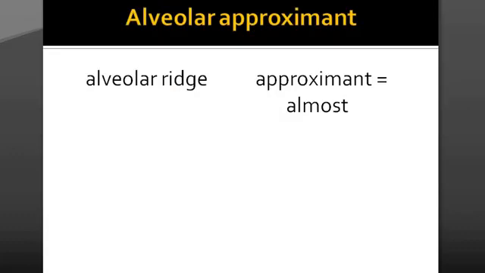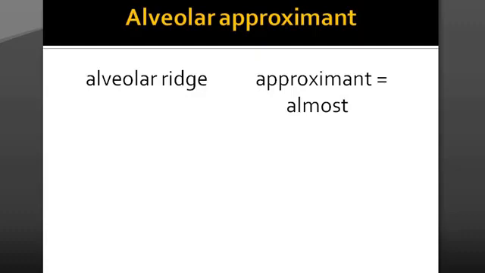This is what we call an alveolar approximant. Say that with me. Alveolar approximant. Okay, so alveolar, of course, means alveolar ridge. Approximant, or approximately, is a word that means almost. This is almost like an alveolar consonant, almost like t and d, but it's a little bit different.